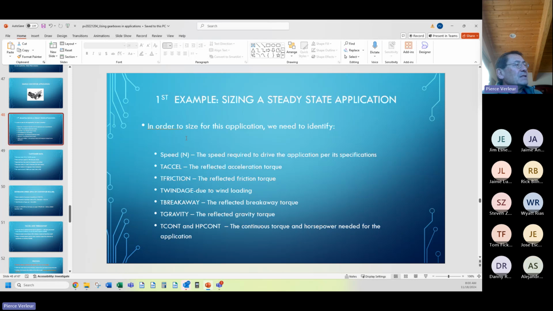Notice this is a very complete list. Okay? Windage, do we deal with that much? Not really. But in overland conveyors, it's very important. Breakaway. This is the one that I hardly ever get a definition on. But when you start to push a car, your effort is much greater until you get the car rolling.